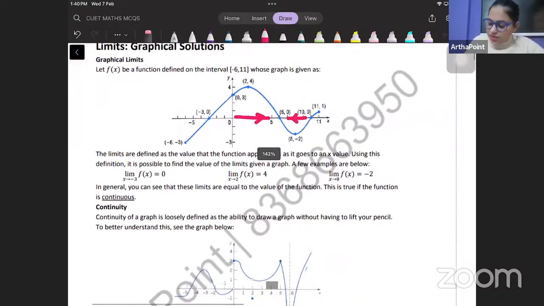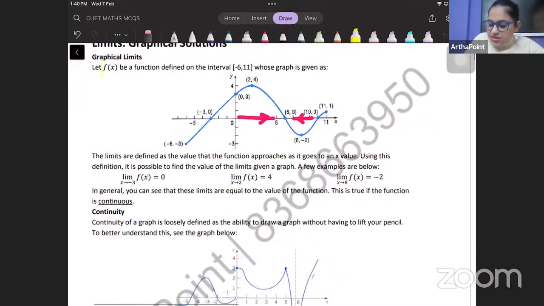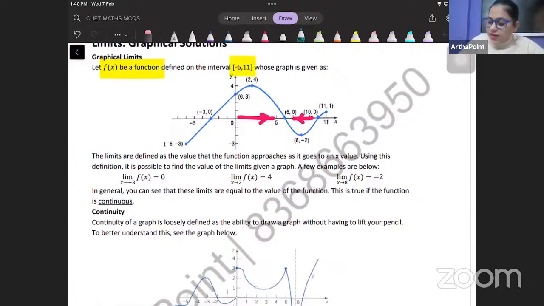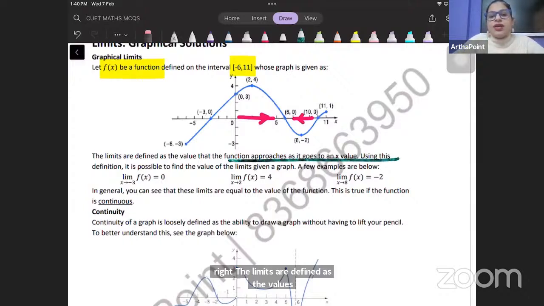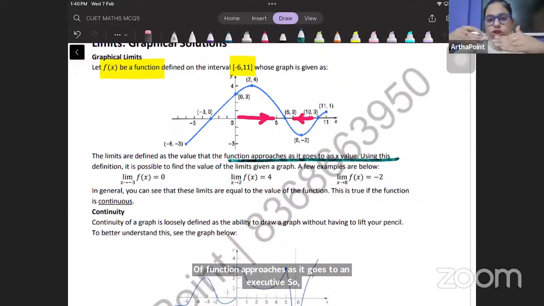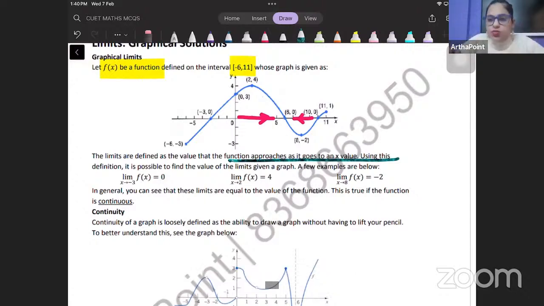So see here, graphically देखो. f(x) is a function which is defined between -6 to 11, right? The limits are defined as the values the function approaches as it goes to an x value. तो जब हम x को approach कर रहे हैं, what is the value your function will take? That is the concept of limit.